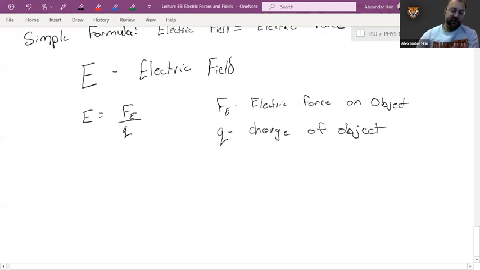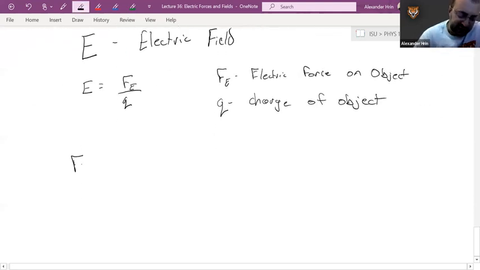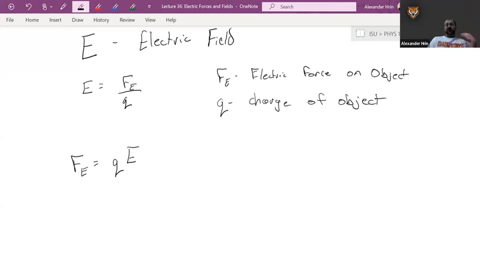Okay. Now this can be rewritten as, and this is another common way you'll see it, F_E is just Q times the electric field. So again, that's saying the same thing. In order to find the electric force on an object, you need to know, one, the electric field it was in, and two, the charge of the object. All right. So that's something to keep in mind.